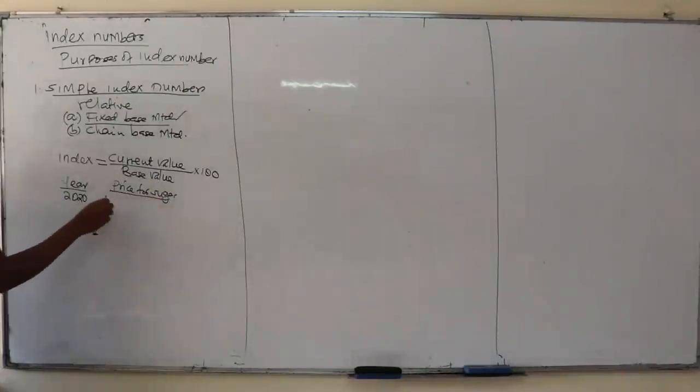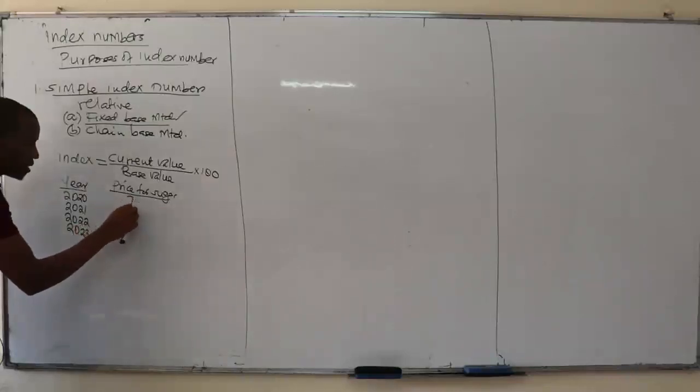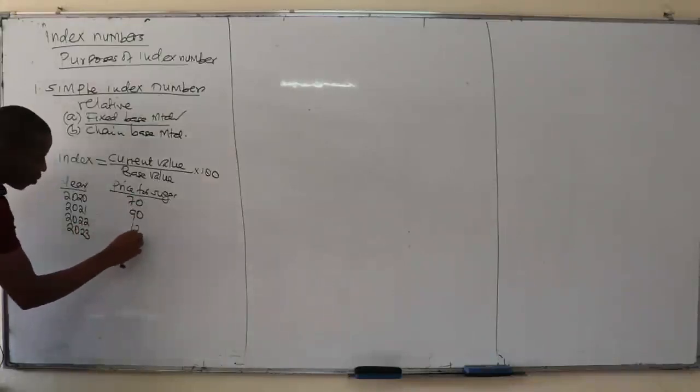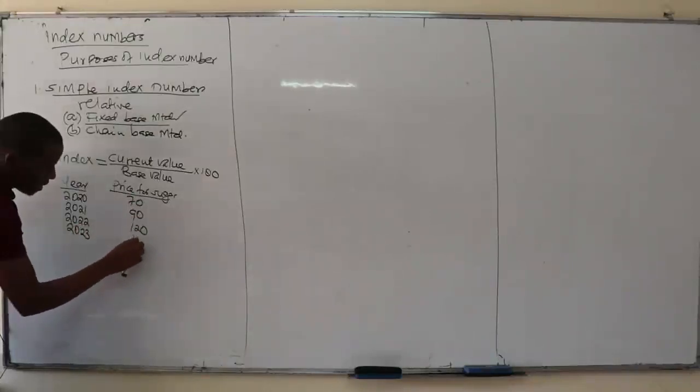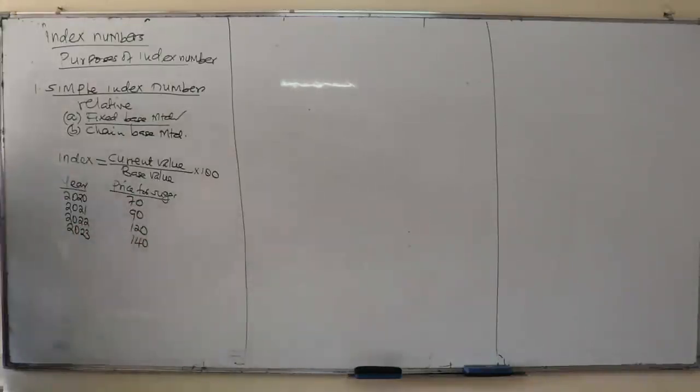Let's say, for example, in years 2021, 2022, 2023, the price of sugar per kg is now 70, 90, 120, 100, and 140.